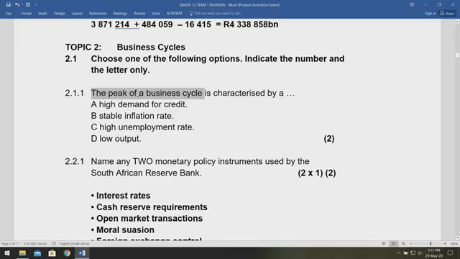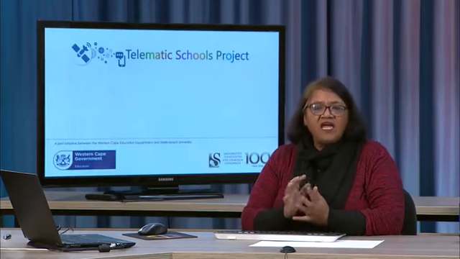Because in grade 10 is when we first introduce you to the concept of business cycles. And the first thing we teach you in grade 10 are the various phases of the business cycle. And these phases are the recovery phase, the prosperity phase, the recession phase, and the depression phase.